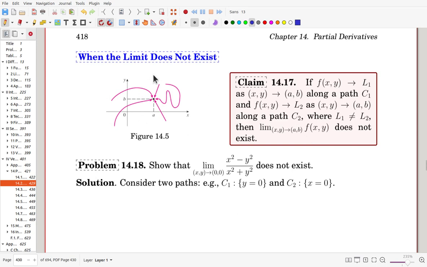So if you want to prove that the limit does not exist, try to find two curves such that along the curves the limits are not the same. You can find various paths, but try to find two paths along which the limits are not the same. Then that's the proof for non-existence of the limit.